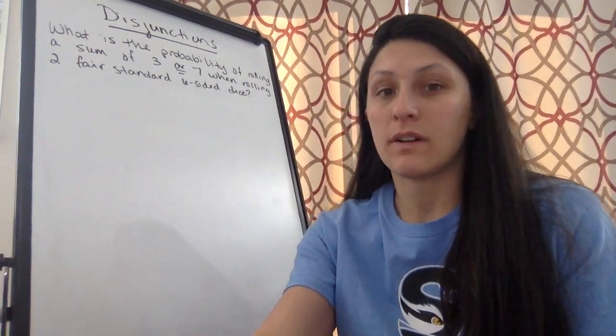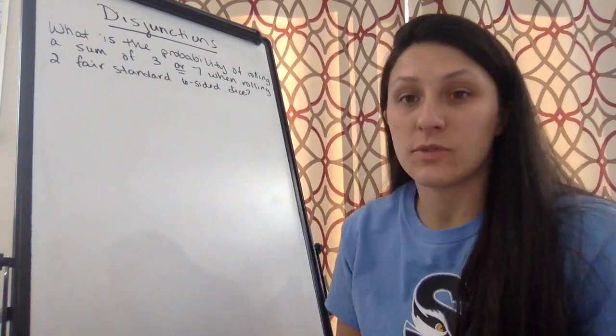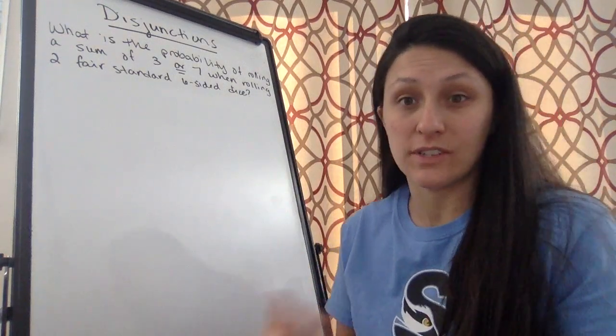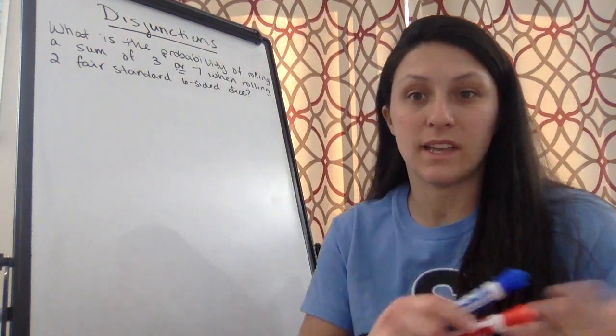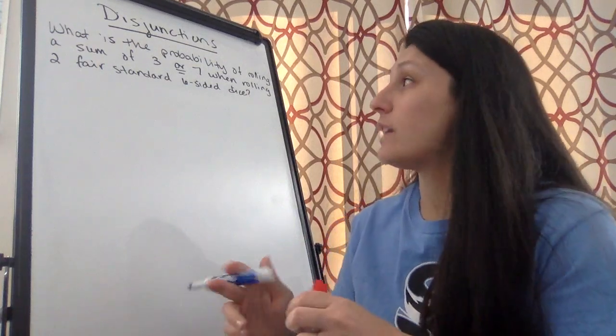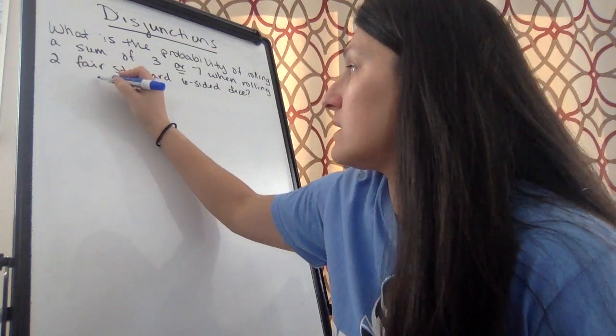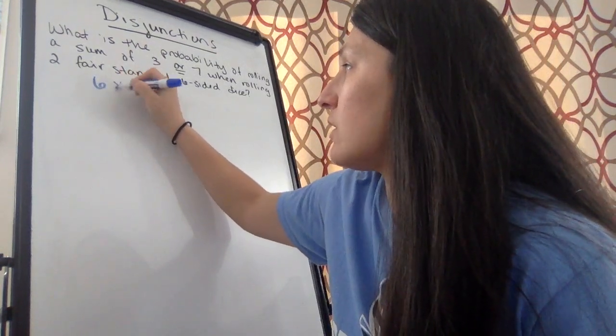And so we are going to answer this question without writing out the entire sample space of rolling two six-sided dice because we already did that in the previous video. If you'd like to, of course, you are welcome to, but I'm going to just remind us how many total options there are.